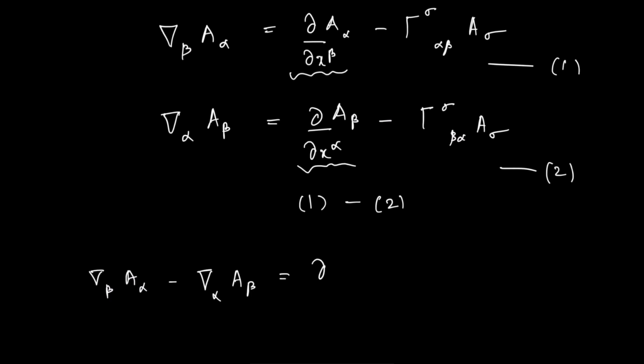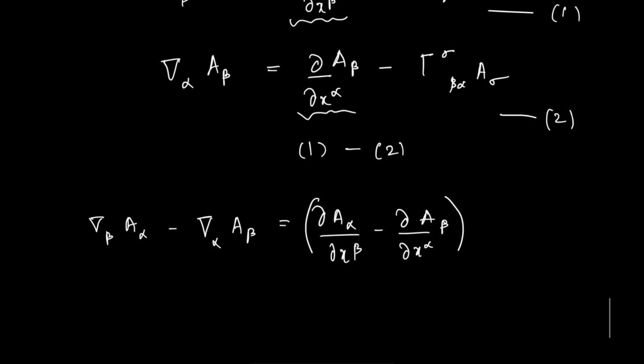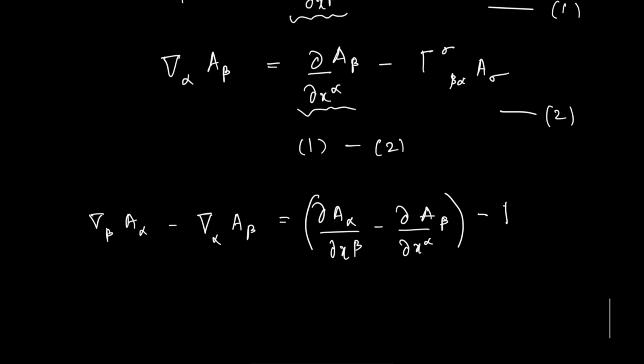Then partial derivative of A alpha with respect to x beta minus partial derivative of A beta with respect to x alpha, then minus Christoffel symbol sigma alpha beta A sigma.